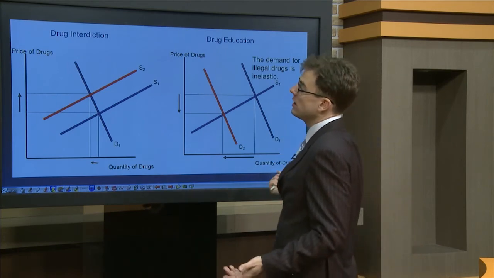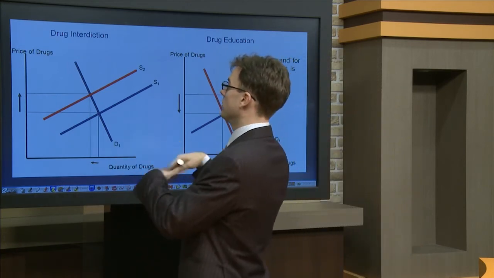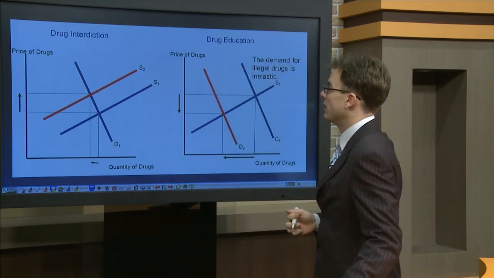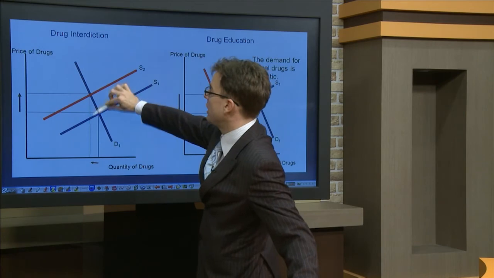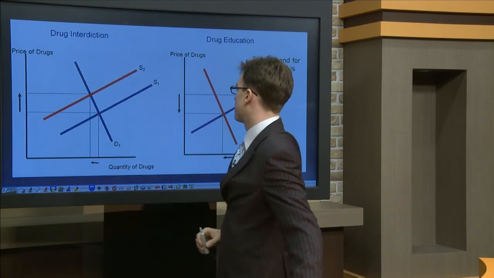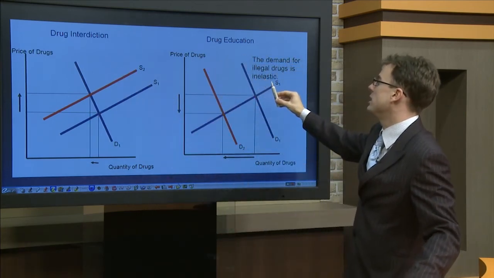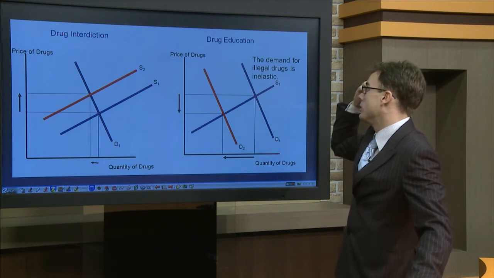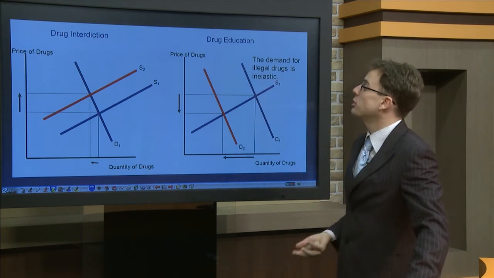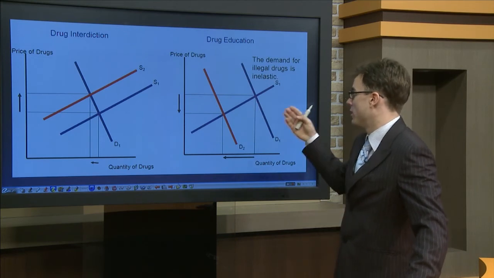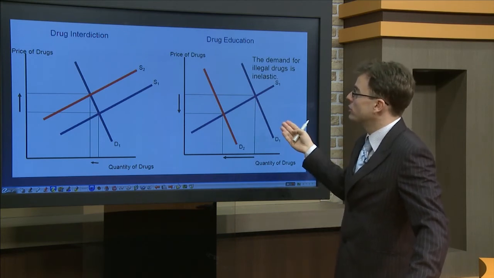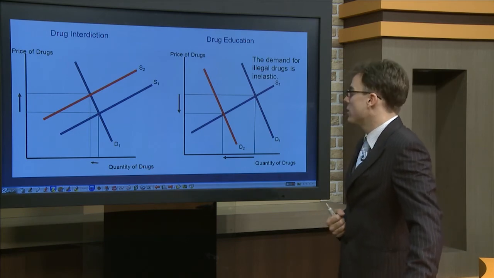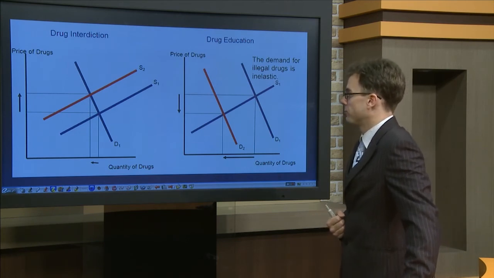One possibility is to create penalties on producers of illegal drugs, which would effectively shift the supply curve upward. Another possibility is to start education programs whose goal would be to lower the demand for illegal drugs.